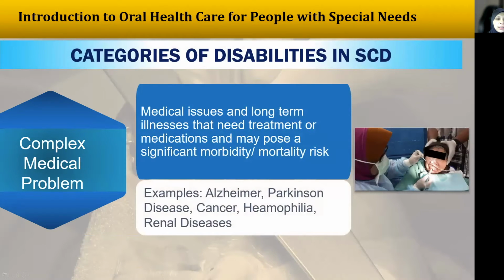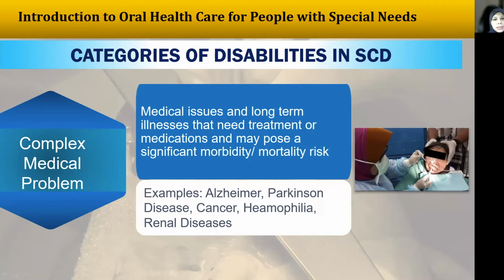Okay, the next one is complex medical problems. Complex medical problems may or may not be directly related to disabilities, but they can lead to disabilities due to medical issues that the patients may have.